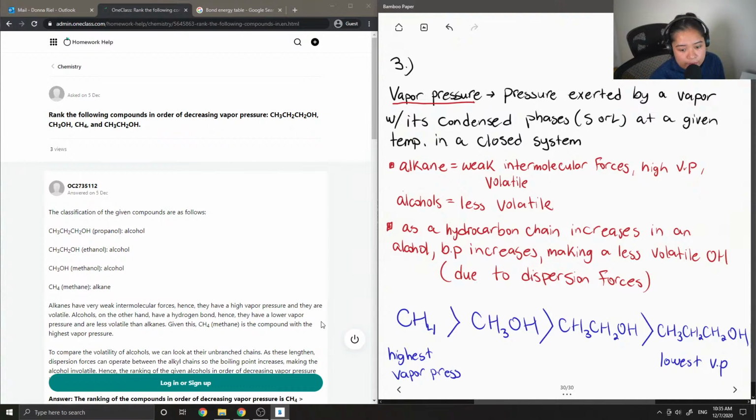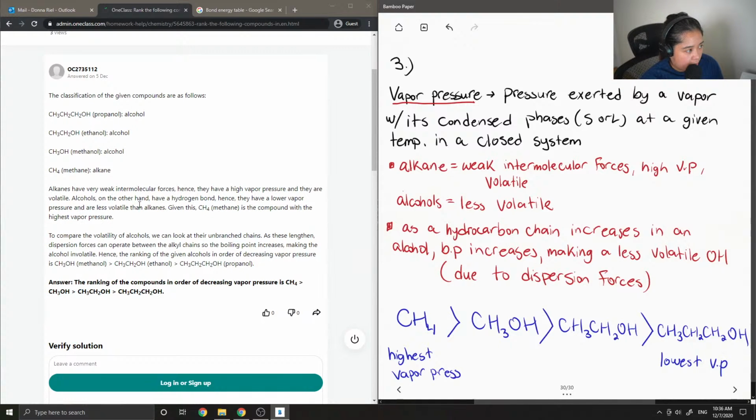Okay, so again, since our propanol has a longer hydrocarbon chain, since this increases the boiling point, that means we have less of it in vapor form, making it the lowest vapor pressure for this molecule.